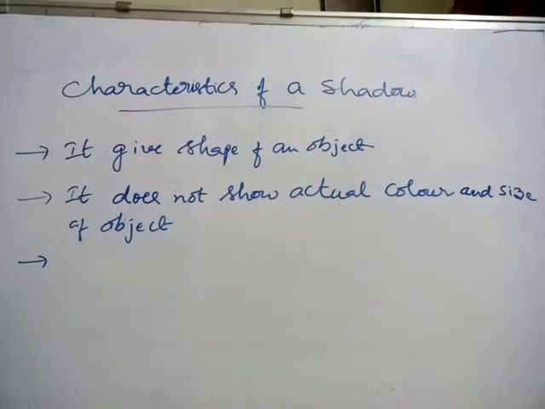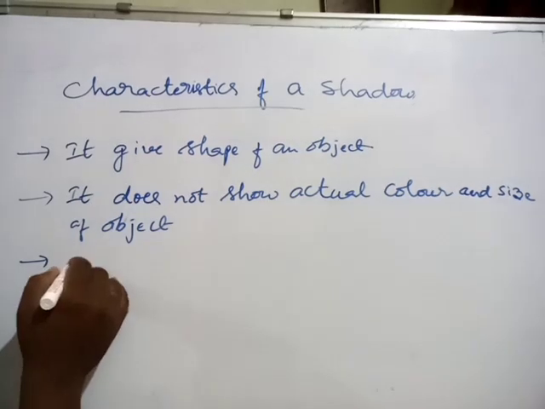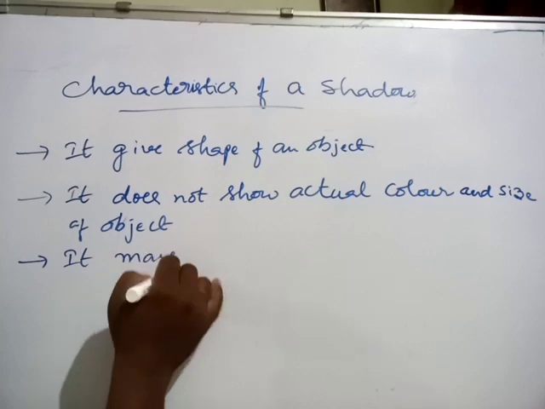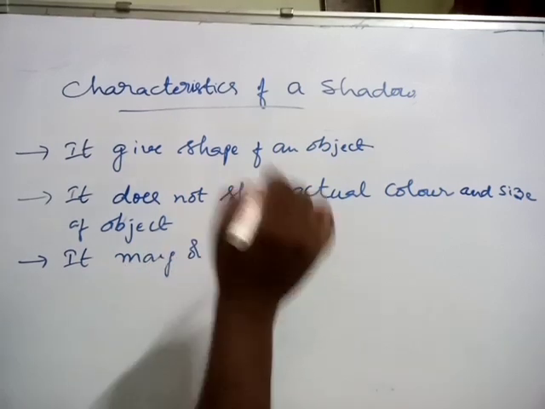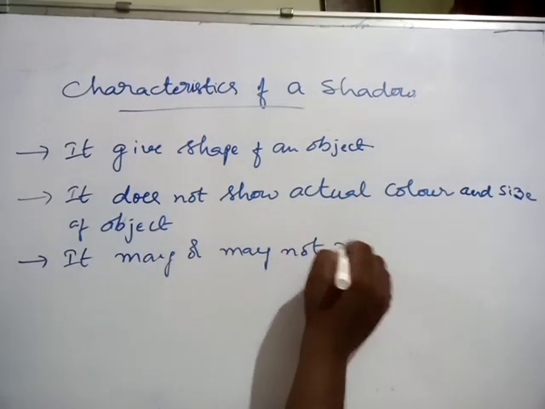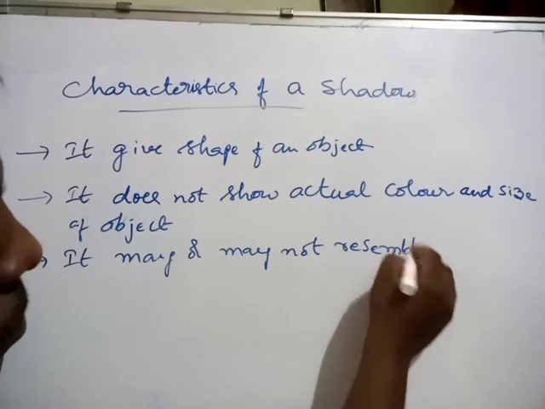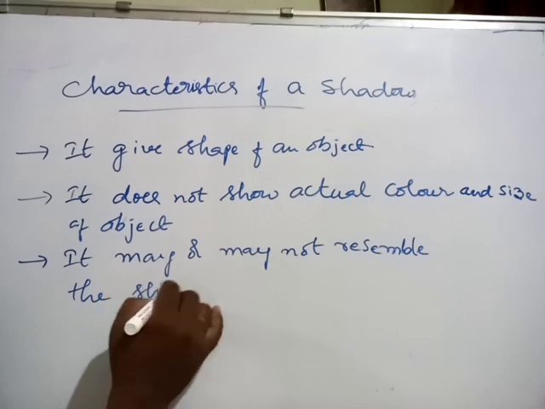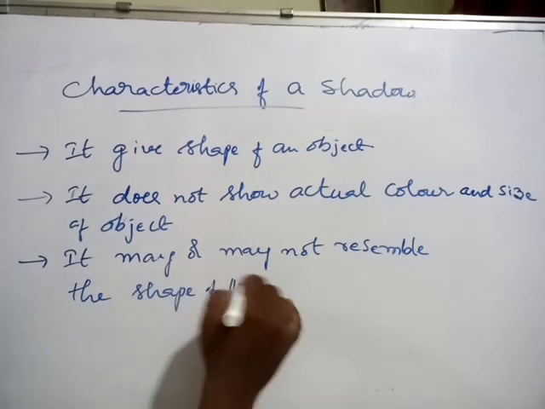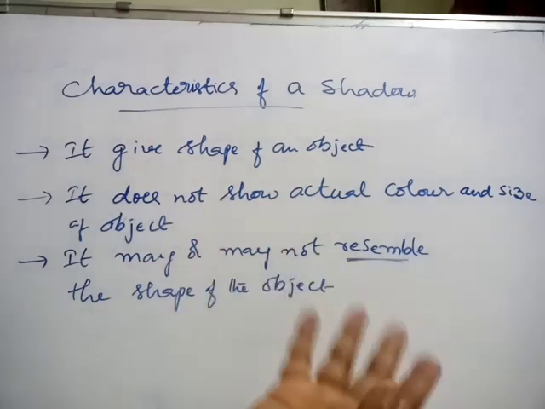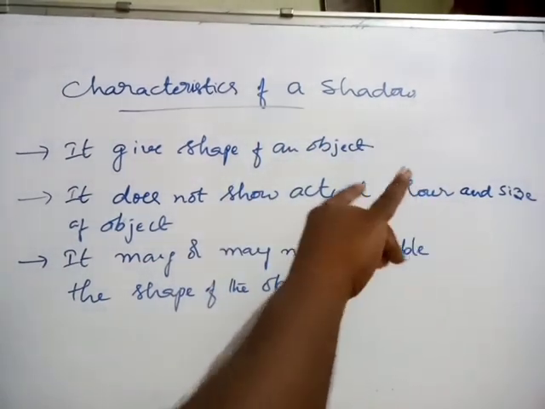So what we can say, a shadow may or may not resemble the shape of the object. Resemble means similar. Okay, that object may be really a dog, okay, but it is not actually a dog, no?